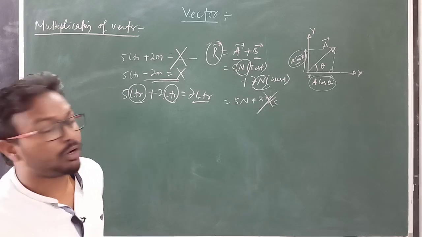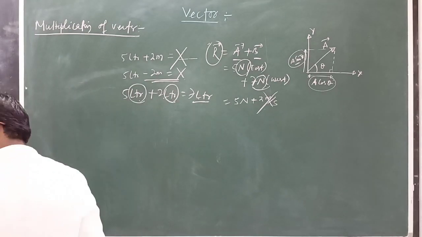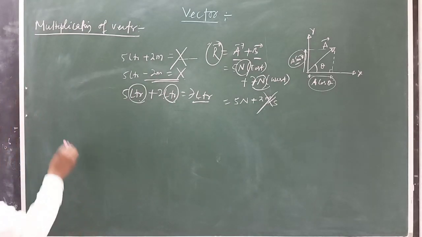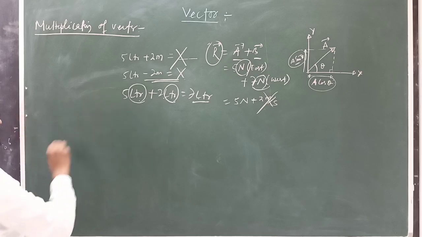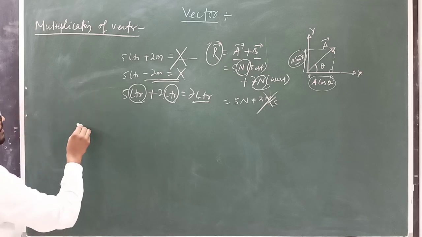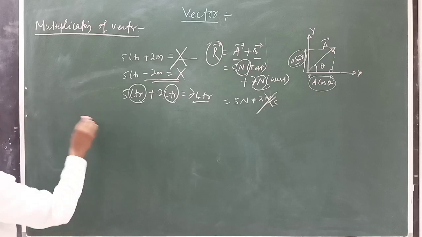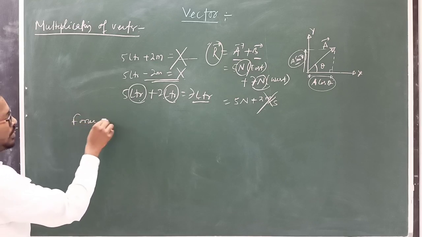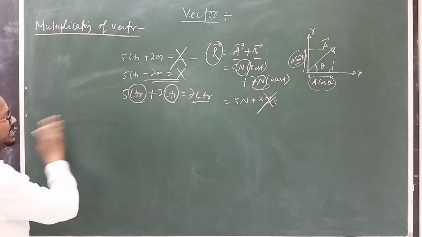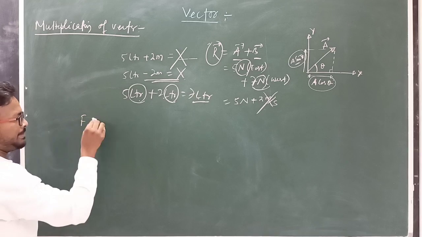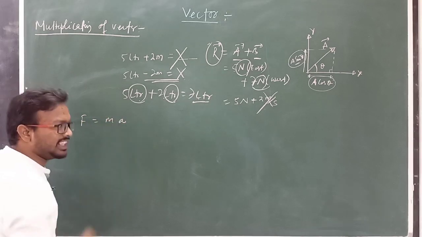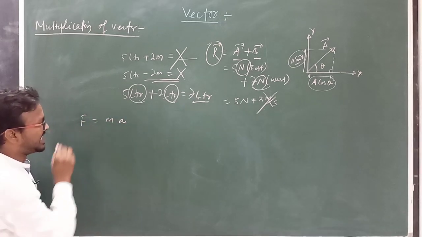But in the case of multiplication of two vectors, I am writing here force. So what is force? The symbolic representation of force is F equal to mass into acceleration. And what is the direction of force?